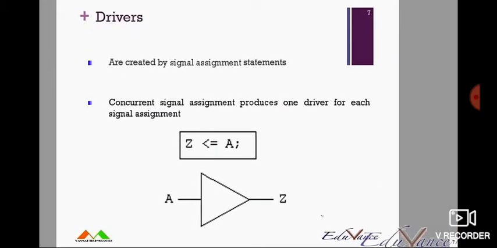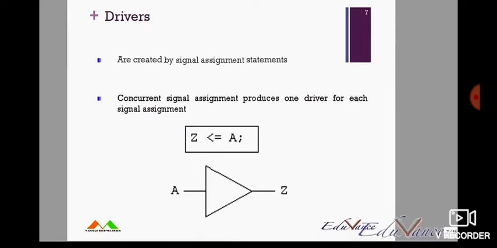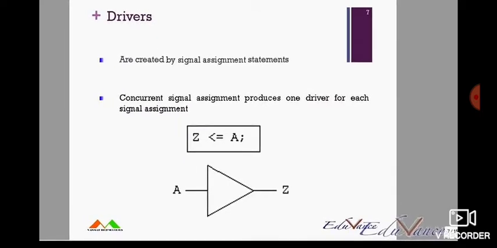In a previous lecture, I had given a brief intro to the concept of drivers. When I write an assignment statement like this, that Z is assigned A, my A becomes the driver and will drive the value of Z. So, one concurrent statement assignment produces one driver.